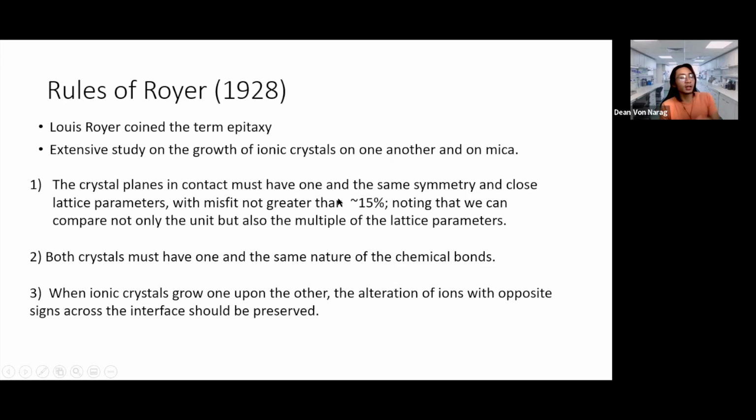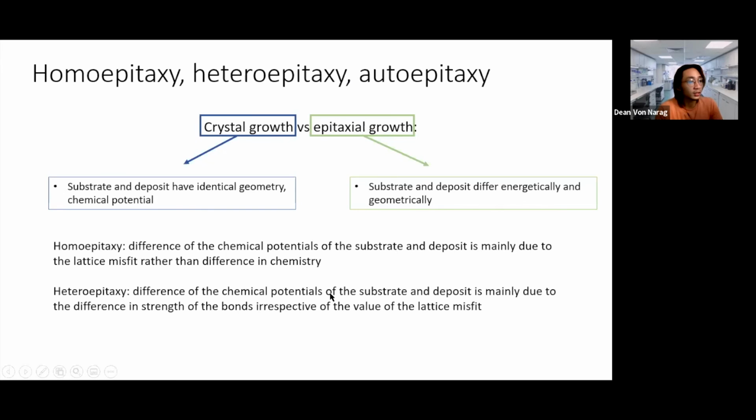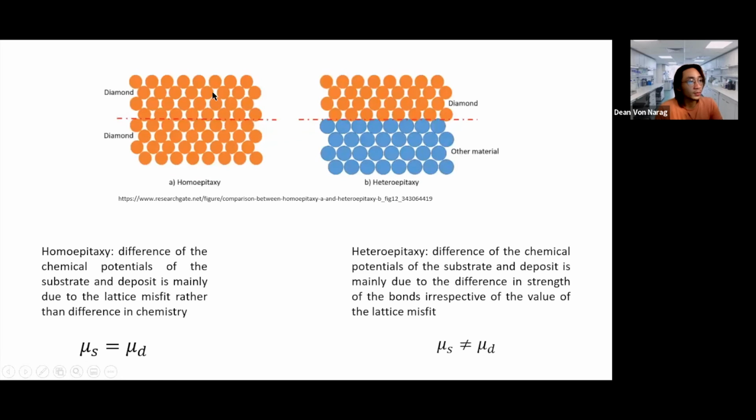So the question earlier that arose was whether if you have misfit less than 15%, is it automatically epitaxy? So my take on that is no, it is not automatically epitaxy because again, epitaxy, to differentiate it from crystal growth, is not about the misfit actually, but about the difference of your substrate and your deposit.